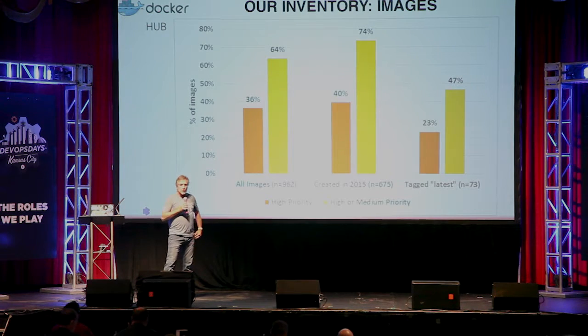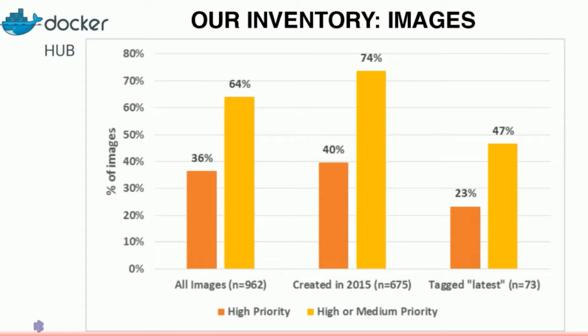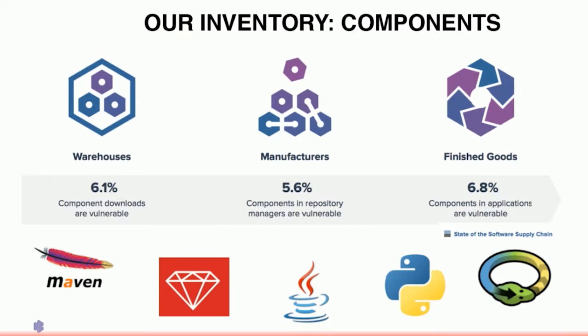So first, let's look at our inventory of images on Docker Hub. The thing that's most alarming here is half of the latest images have vulnerabilities, almost half. Now let's look at our components that make up our applications.